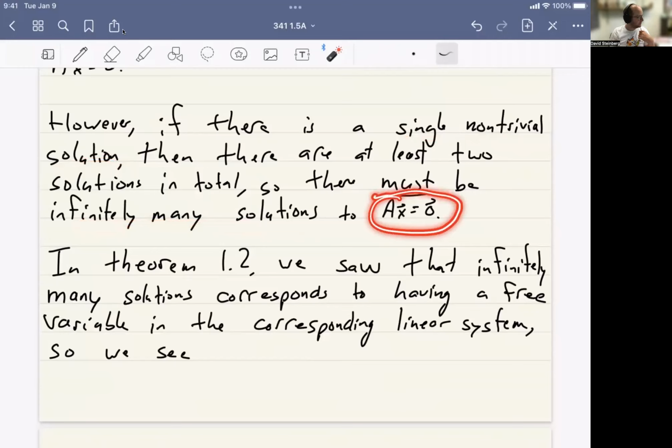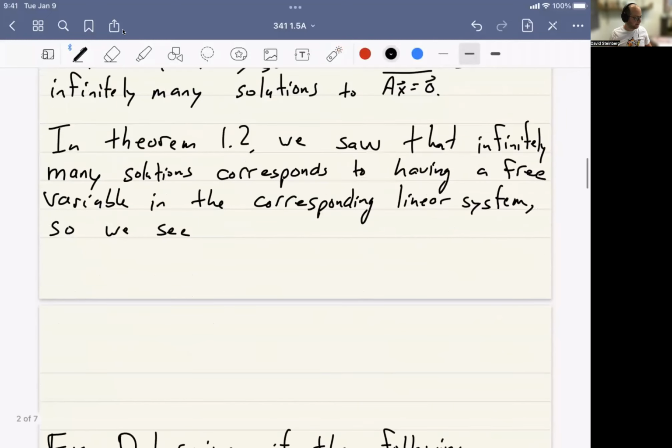Previously we've seen that infinitely many solutions corresponds to having a free variable, and so finally we can give the punchline to all this.